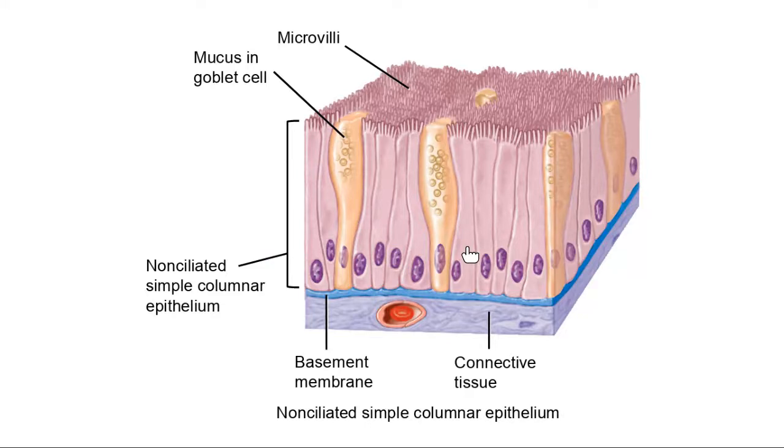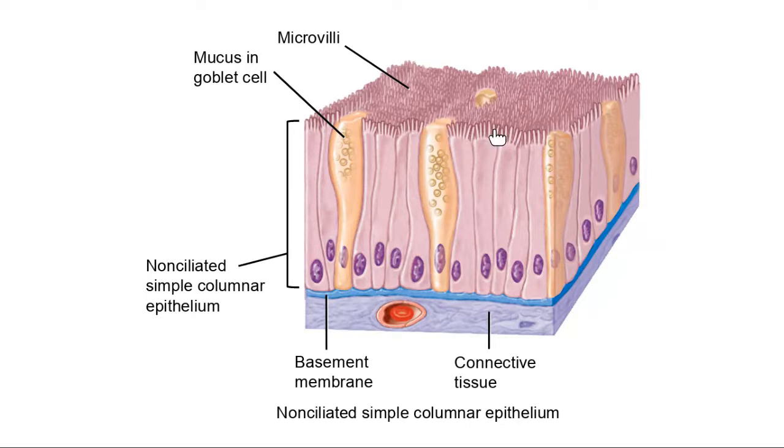In the simple columnar epithelium, you have one layer of tall and elongated cells. And in this layer, you can see oval nuclei, which are near the basal surface of the cell. They are located in the half base of the cell.